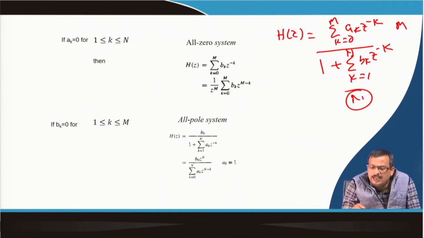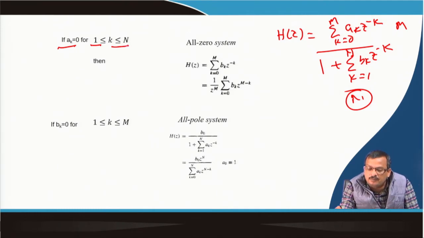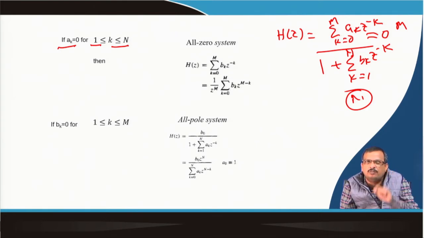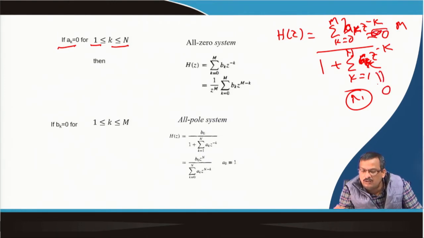Now, suppose a_k equal to 0 for k equal to 1 to N, that means this part is equal to 0. The coefficient a_k is equal to 0. Here it will be b_k with X and a_k with Y. So, a_k equal to 0 means this one is equal to 0.